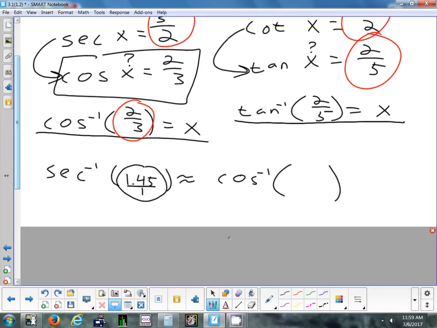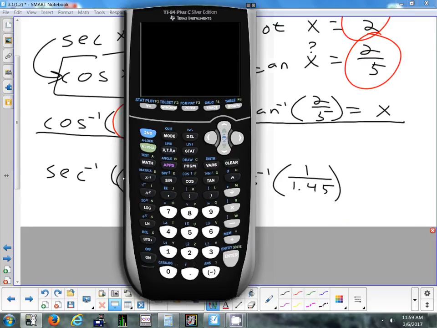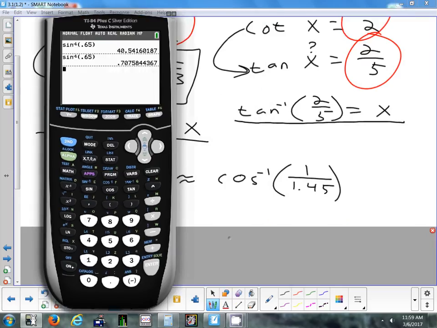I have to flip it. And that's how you type that question in, because you don't have an inverse secant button. Let's type it in and see what we get. Inverse cosine of 1 divided by 1.45. I'm in radians. I'm just going to leave it in radians. It's 0.81.